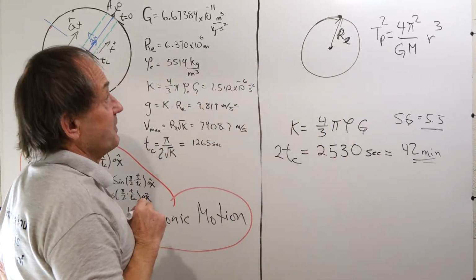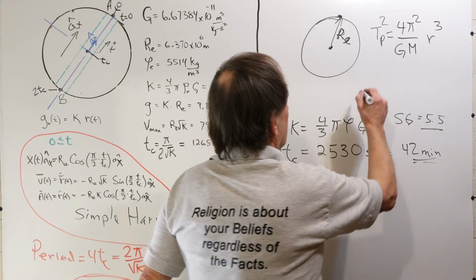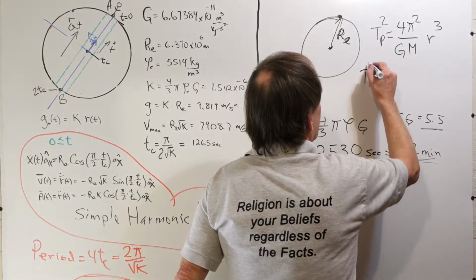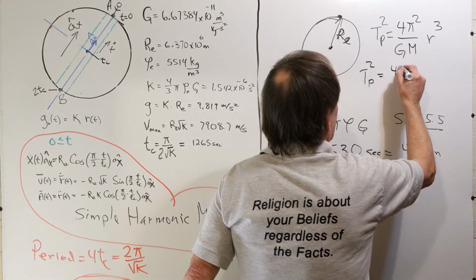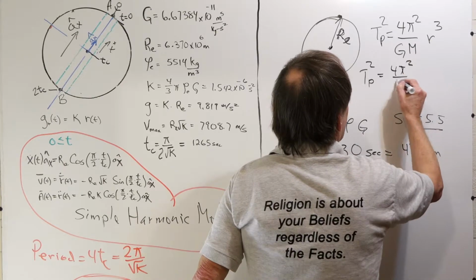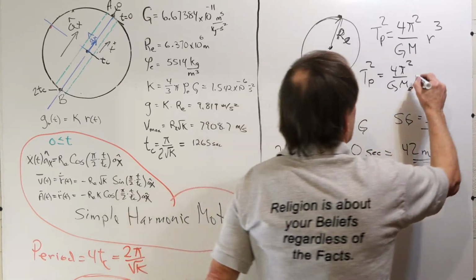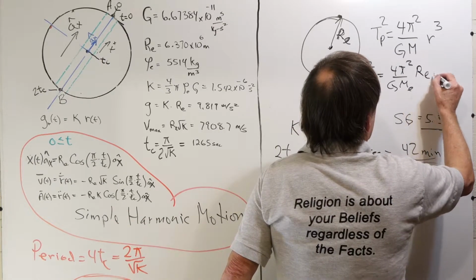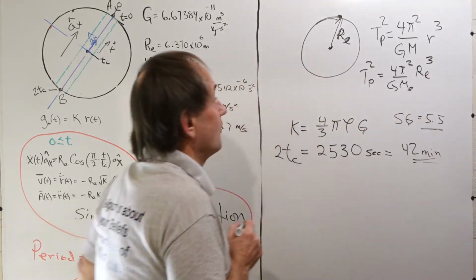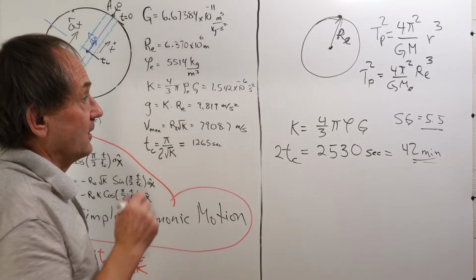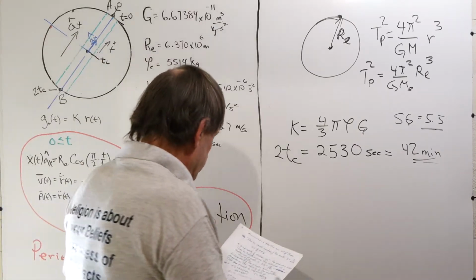So what's its period going to be? Well, the orbital period squared will be 4 pi squared over G times the mass of the Earth in this case, times the orbital radius cubed.